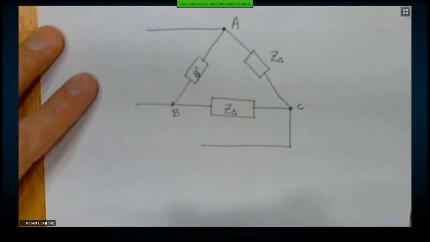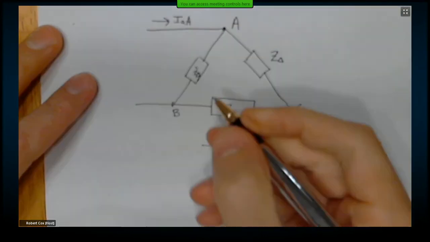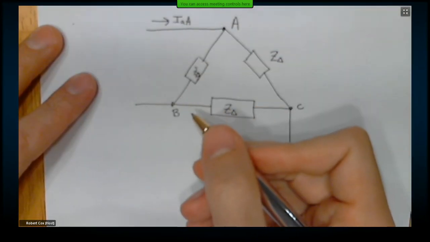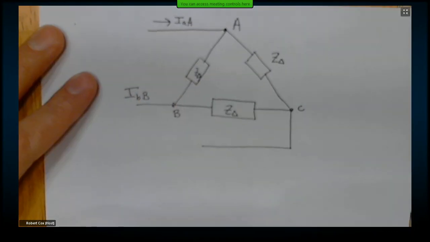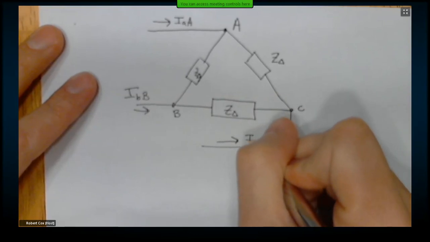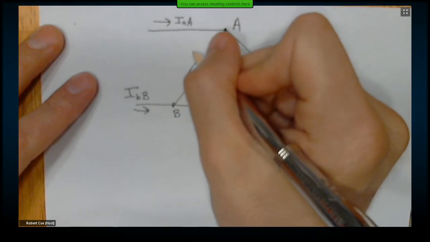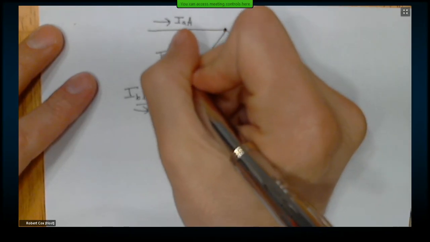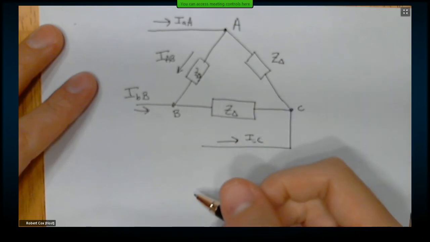This current here is I_aA, coming from a source labeled with little a. This would be I_bB going that way, and I_cC would be that current, little c to big C. I can then call these guys the phase currents, because they're in each phase.